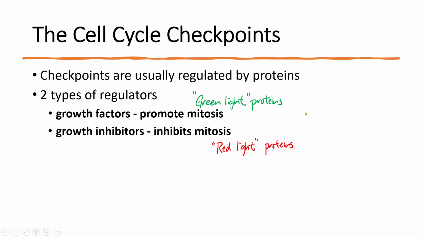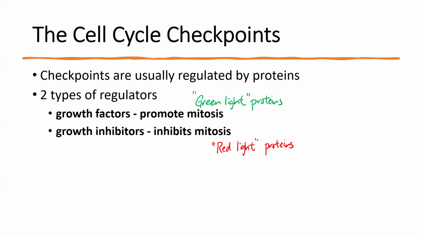Now, what kind of problems are we worried about? If you have a green light, there are two kinds of problems with it. Either it's turned on forever, or it cannot turn on at all. Which one is more problematic from the perspective of cancer?